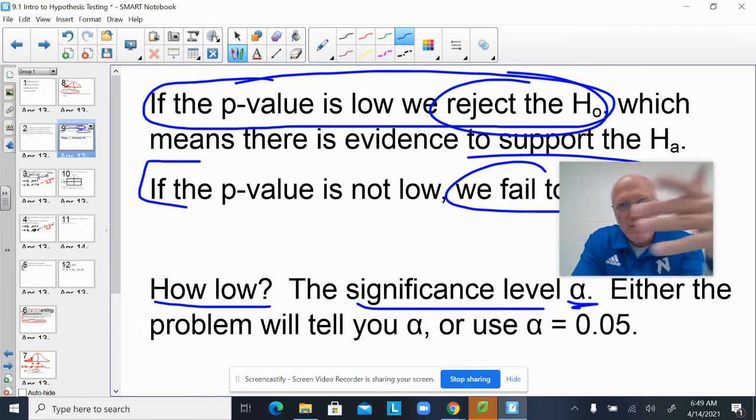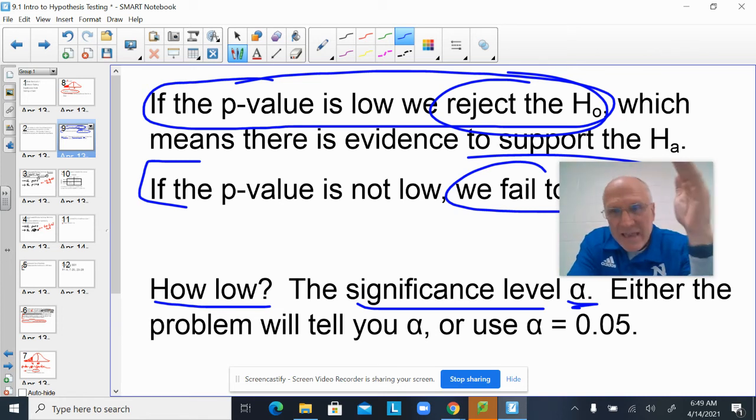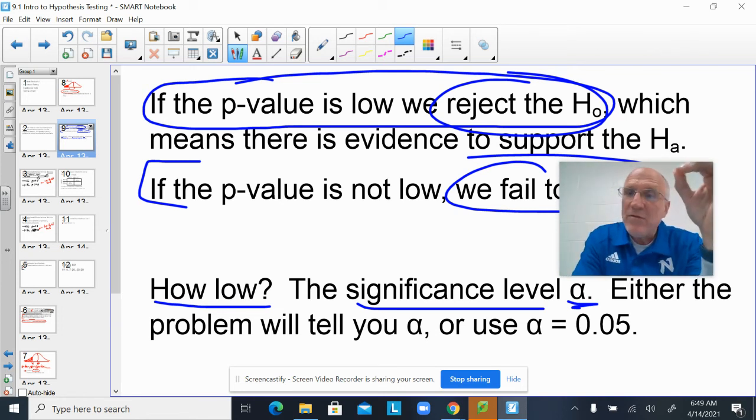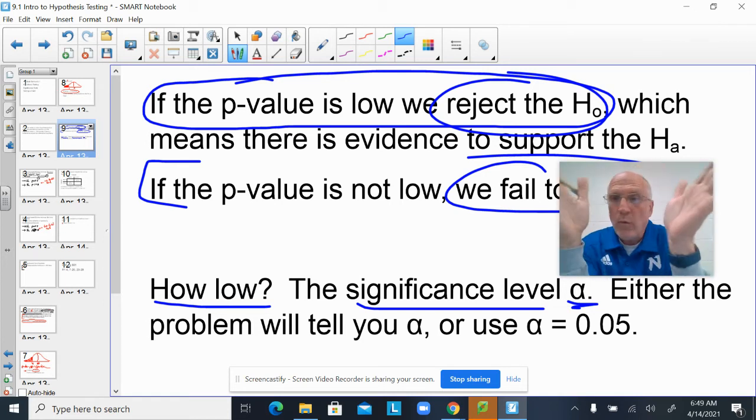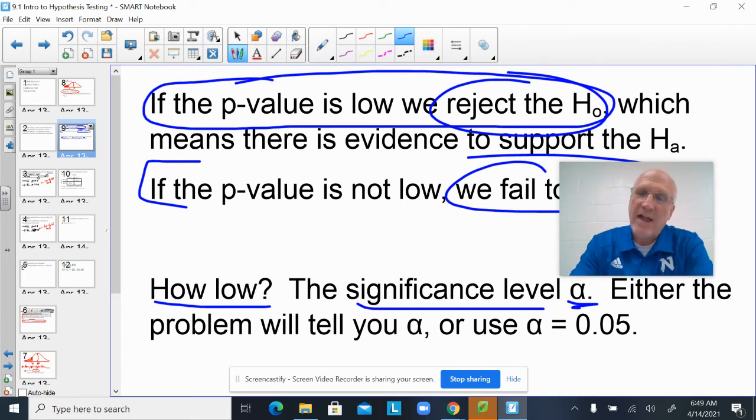And kind of like with confidence levels, either the problem will tell you what level to use for alpha, or otherwise, we're going to default to 5%. That's kind of the agreed upon. If the probability of it happening is 5% or less, that's rare enough for us to say that's evidence to support the alternative hypothesis.